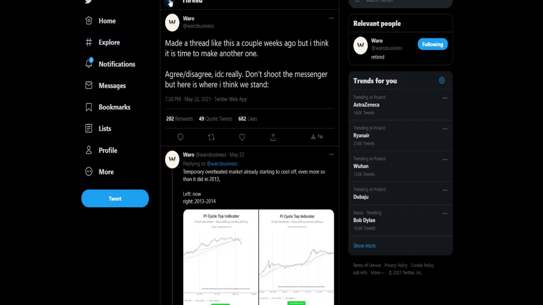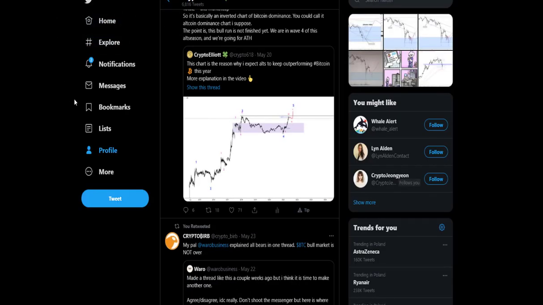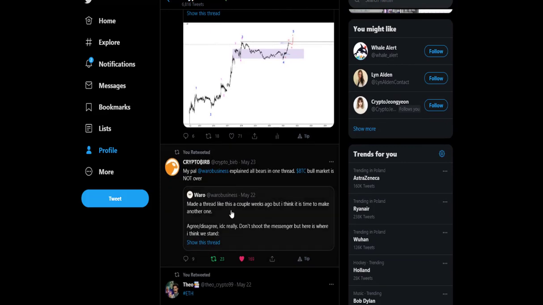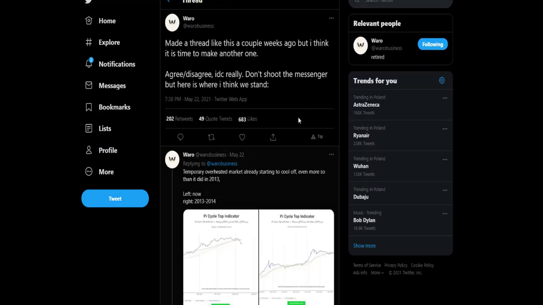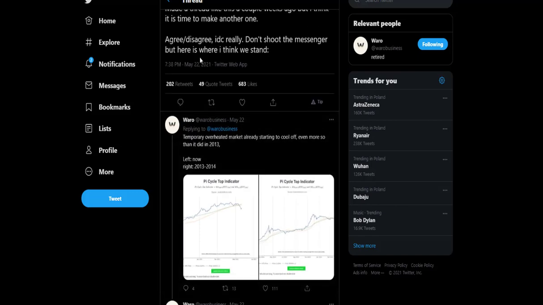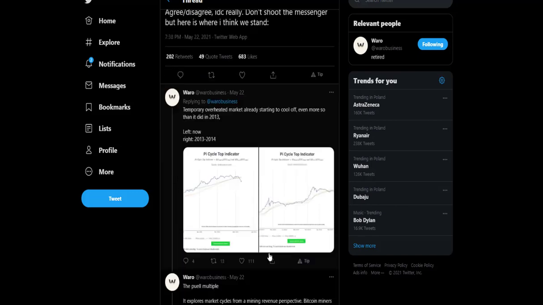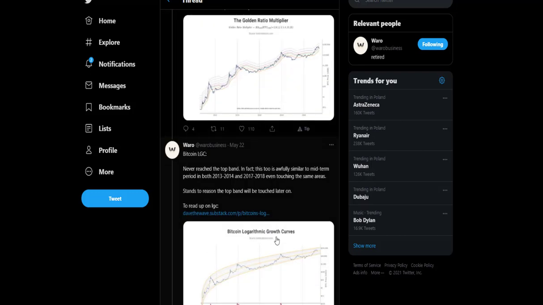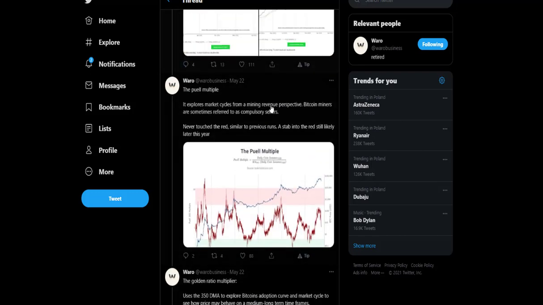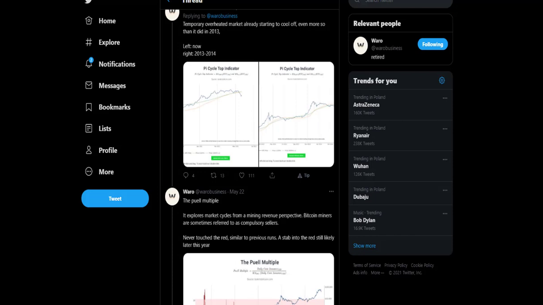But you also have other people who are doing other types of analysis, and all the smart people in this market are coming to the same conclusion. So I do invite you, if you don't understand or don't like Elliott wave, to read this thread. It's great. It's another method of analysis, and these people are coming to the same conclusion.